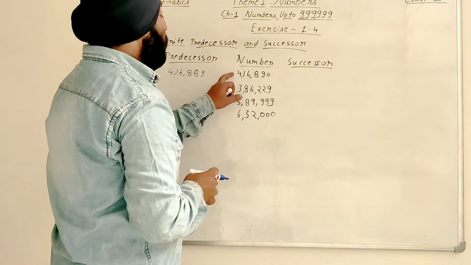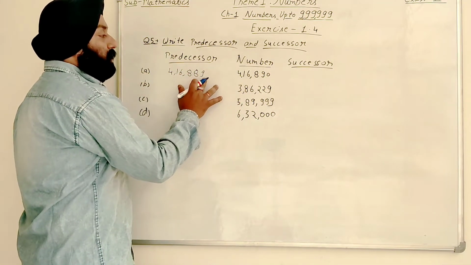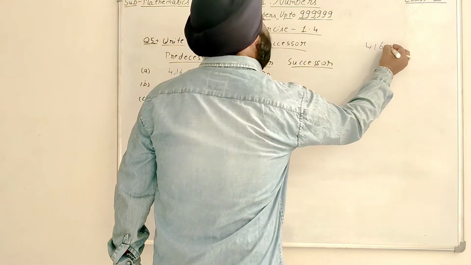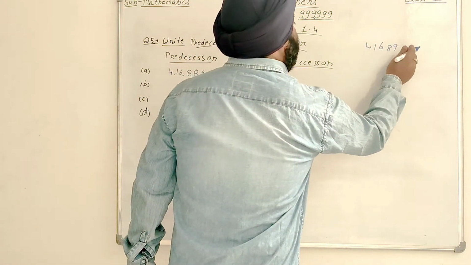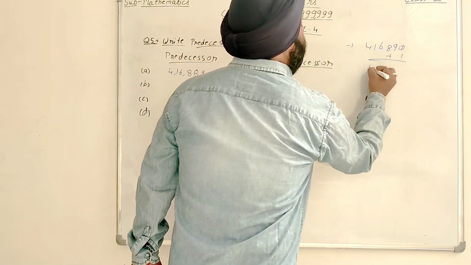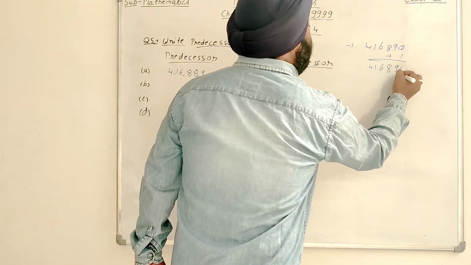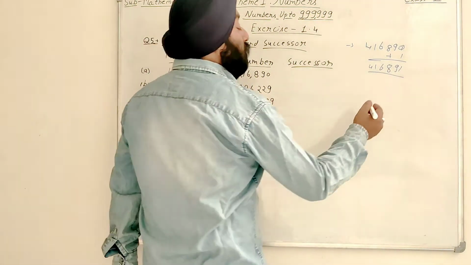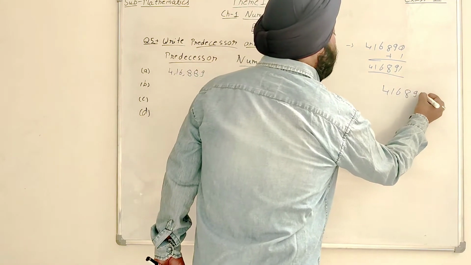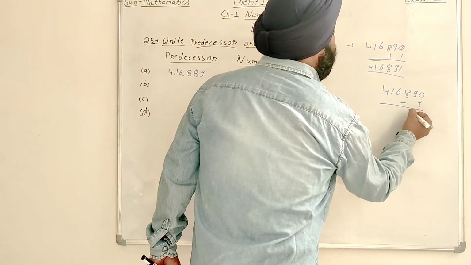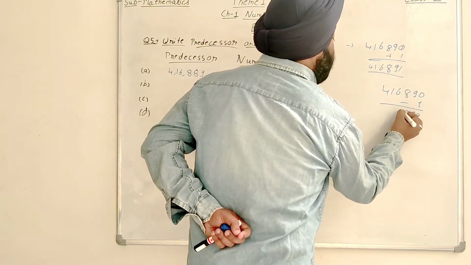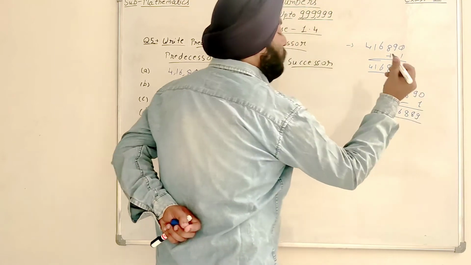If you have any problem in predecessor and successor, you just have to add 1 to get 4,16,891, the successor, and subtract 1 from 4,16,890 to get the predecessor.